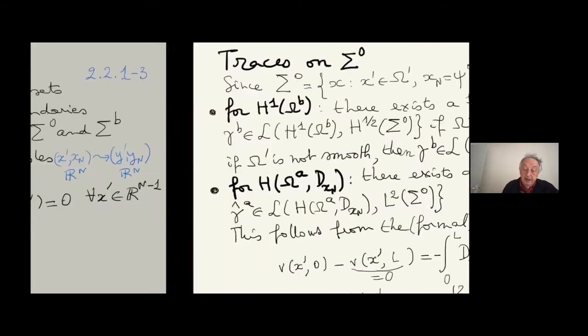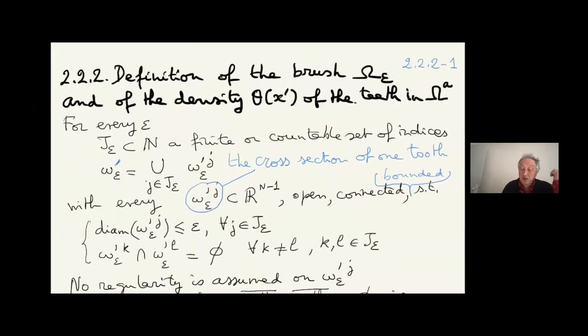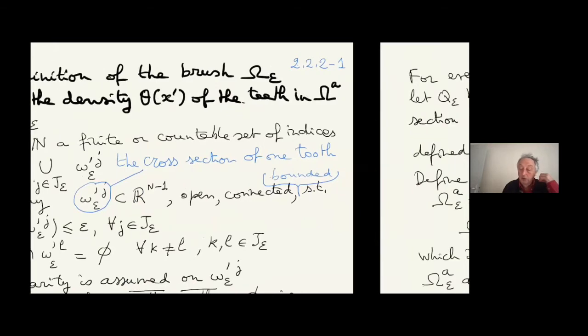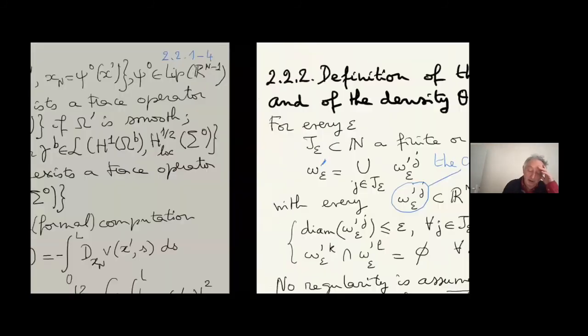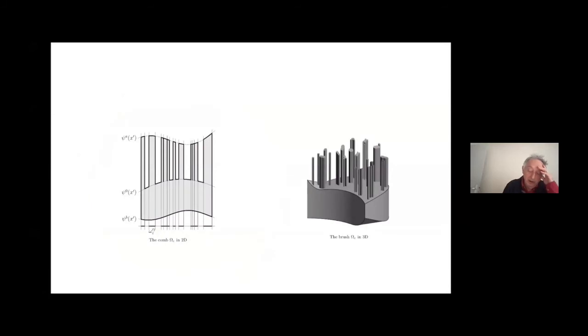Okay, now the definition of the brush, omega epsilon, and of the density of the teeth in omega A. I would like to have the picture. So the picture will be like that. This will be my model, and I will explain how it is done. More exactly, I will describe the teeth. Omega epsilon will be made of the basis omega B, which we had below, which will be fixed for every epsilon.